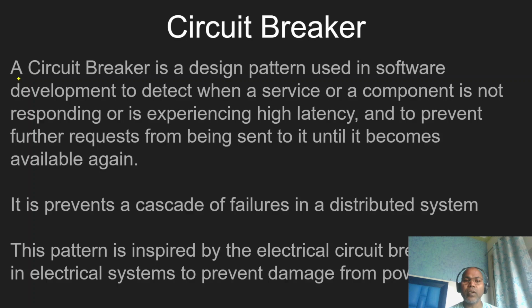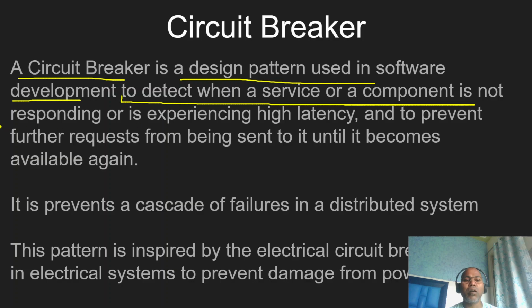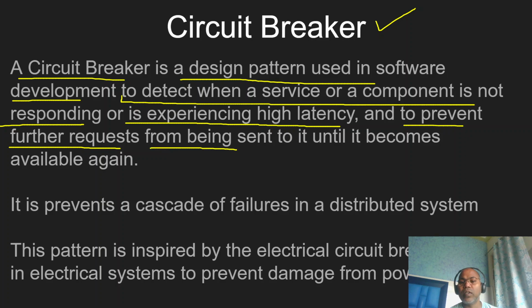As you know, circuit breaker is a design pattern used in distributed development to detect when a service or component is not responding, experiencing very high latency, or is very slow. In this case, the circuit breaker prevents further requests from being sent to it until it becomes available again.